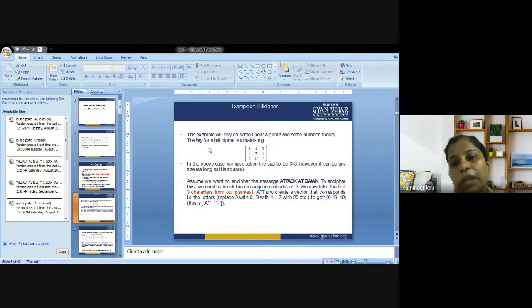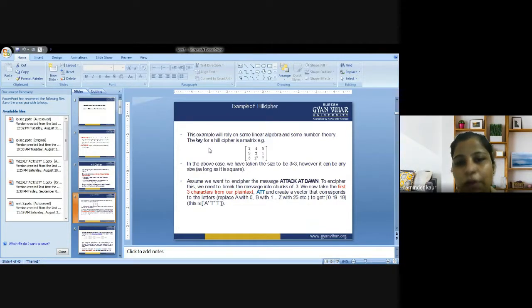That is why it is 3. If I take a matrix of 5 by 5, then it would be a chunk of 5. If I take a matrix of 6 by 6, then it would be a chunk of 6. We take the chunk of 3 first because we are dealing with the basics here. That is why we have taken a very simple example of a 3 by 3 matrix.